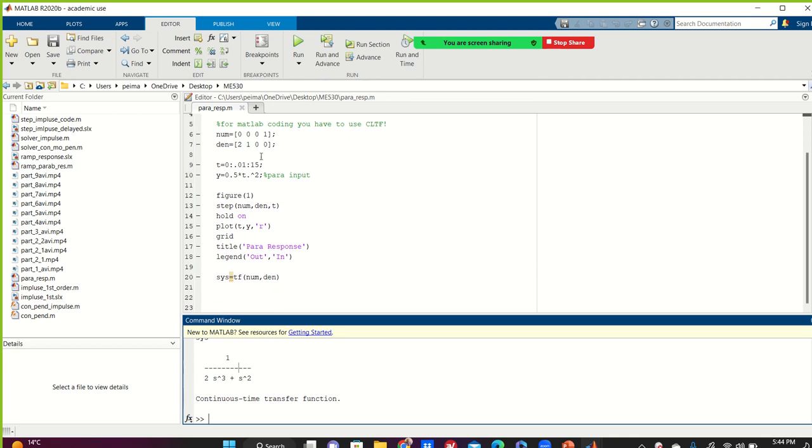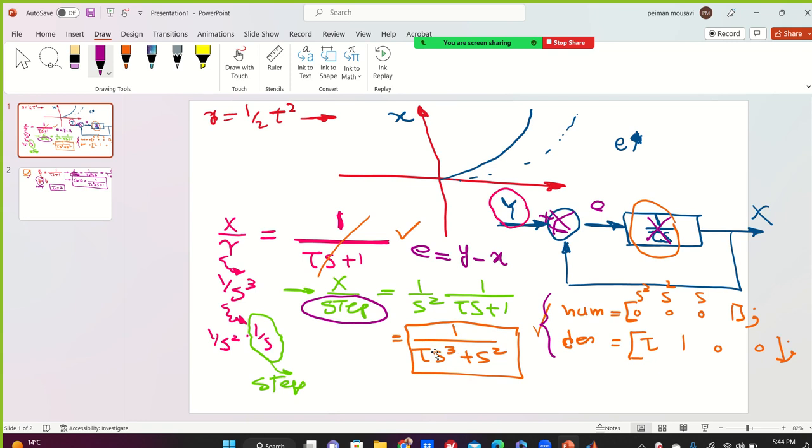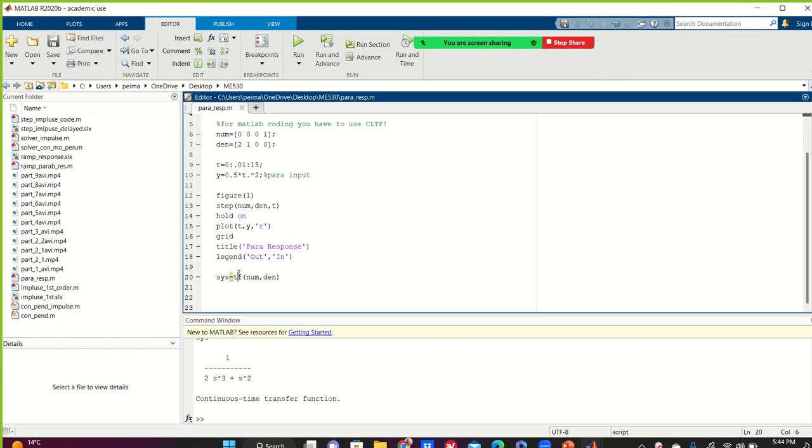If you give num and den, it's gonna give you the standard form like this. TF stands for transfer function. Clear? We give num and den as we defined below, and it gives 1 over 2s cubed plus s squared. Everybody understand?